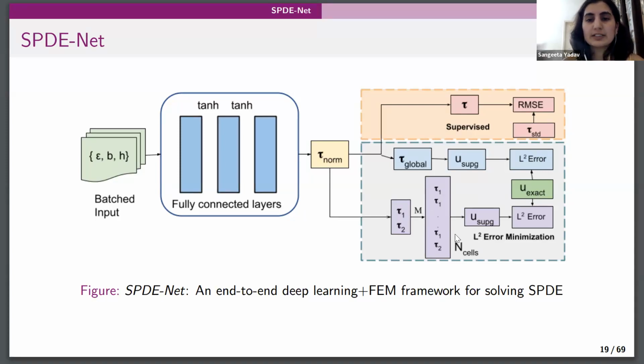The last experiment was of tau local, wherein we predict two values of tau, tau1 and tau2, and then we localize it over the entire domain by multiplying it with matrix M, and then we get tau I, where the dimension of tau I is equal to the number of cells in the domain. And from this tau vector, we get the SUPG solution for the given equation. And the L2 error between this SUPG solution and the exact solution is used as a loss function for the neural network.